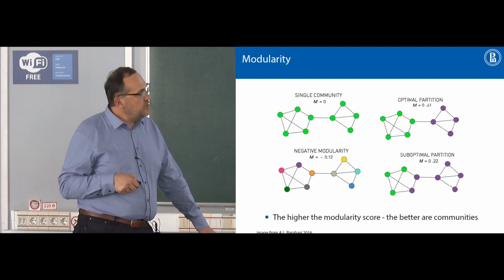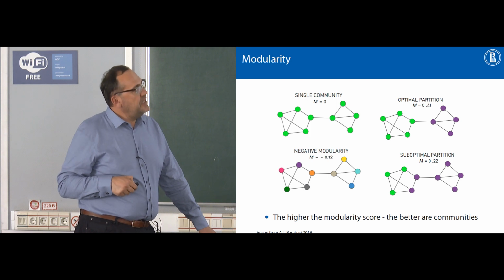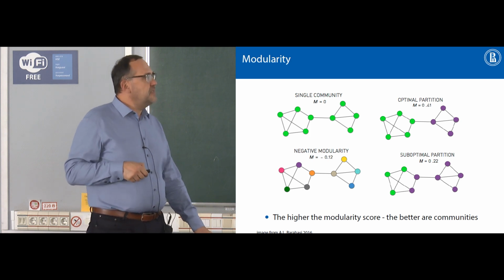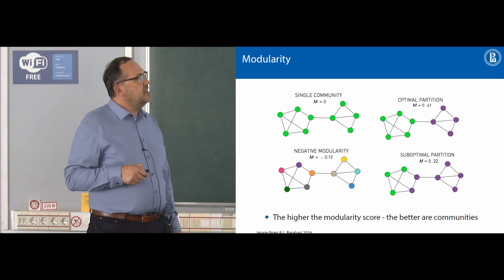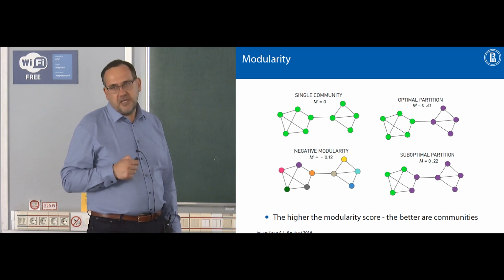When you do that, for the community distribution here, the total score will be 0.22, and here it's going to be 0.41. Does it make sense, what we computed here? What this is intended to show you is that when you have a correct assignment, because obviously the community structure here is these guys and these guys, the score is larger.